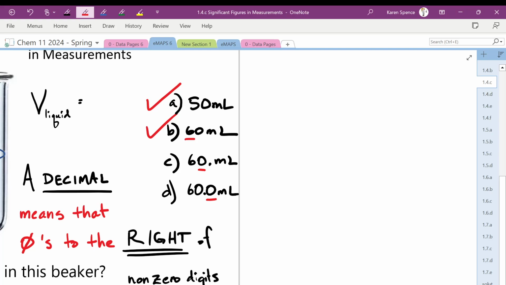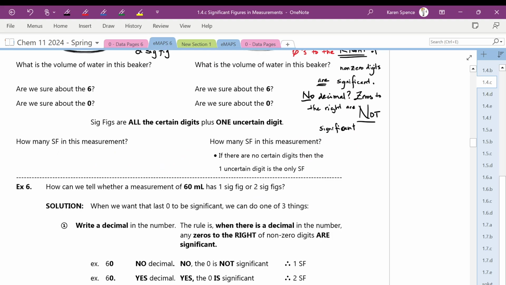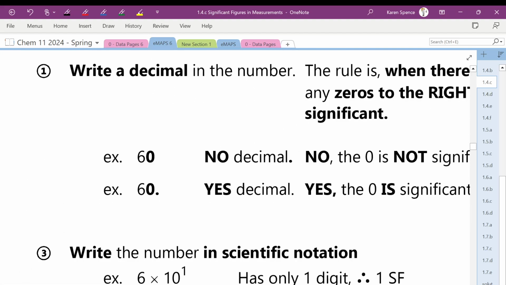Now, this can be a little confusing, so we're going to look at a few things here. Here we go. We have 60, and there's no decimal. If there is no decimal, this 0 on the right, is it significant? The answer is no, it is not significant.